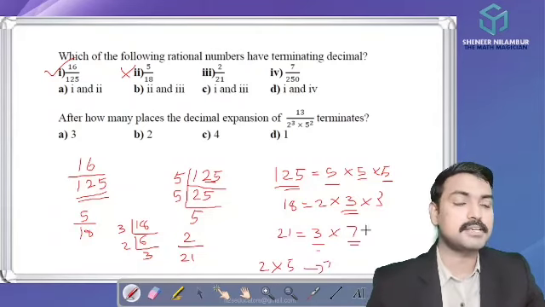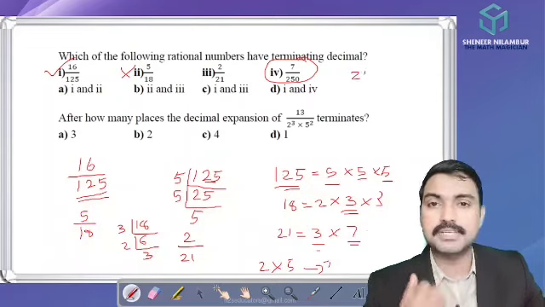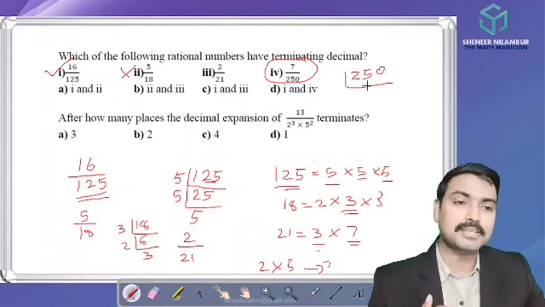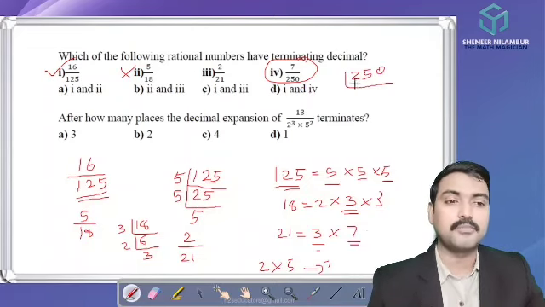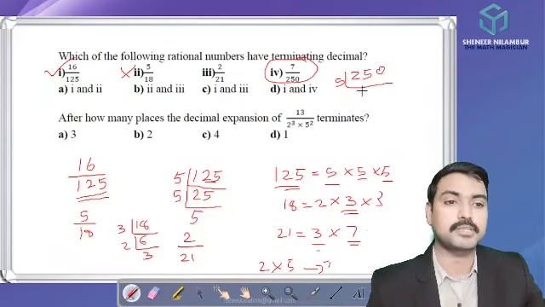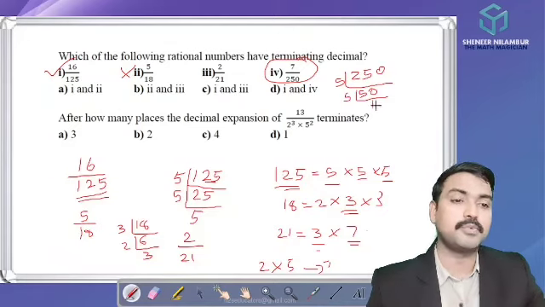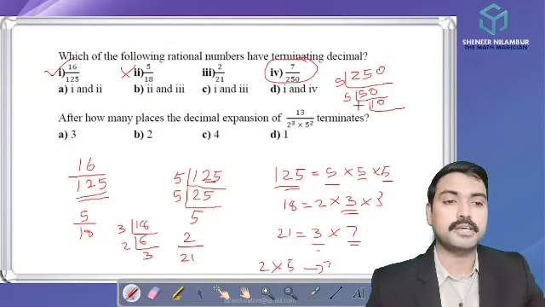One more example is 7 by 250. Here the denominator is 250. When we factorize this 250, we know that only 5 and 2 will come. 5 25's are 250, so 50. Again we factorize, we get 5 into 10. Again we factorize, we get 5 into 2.